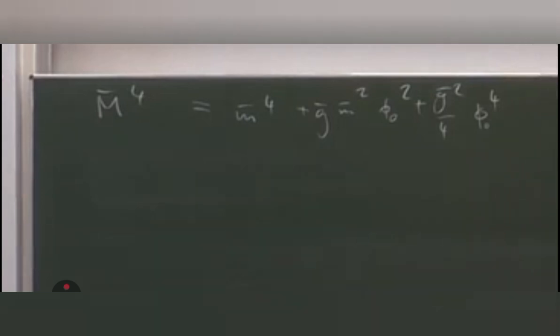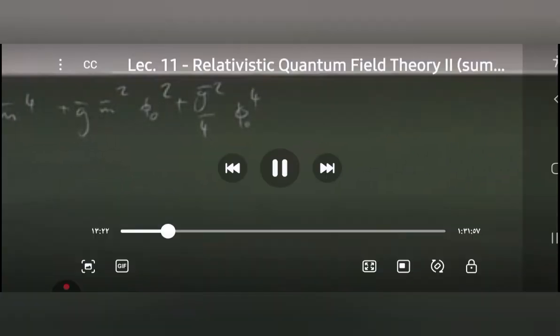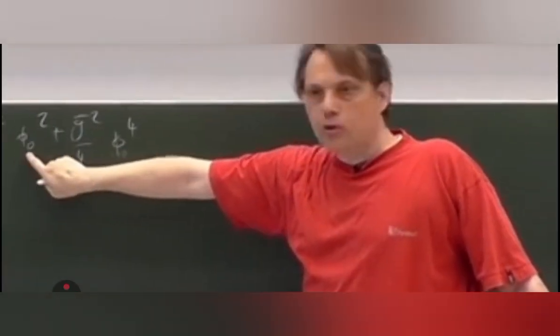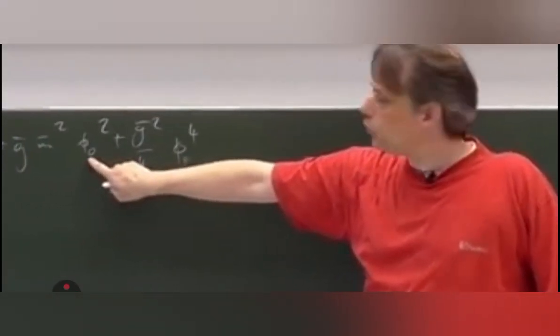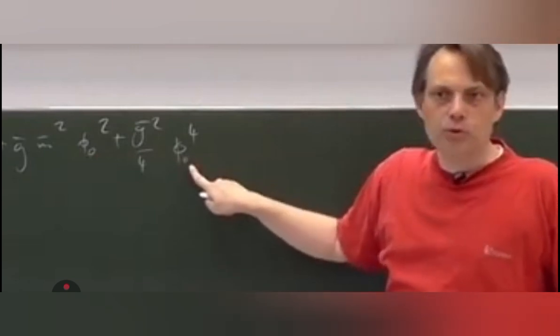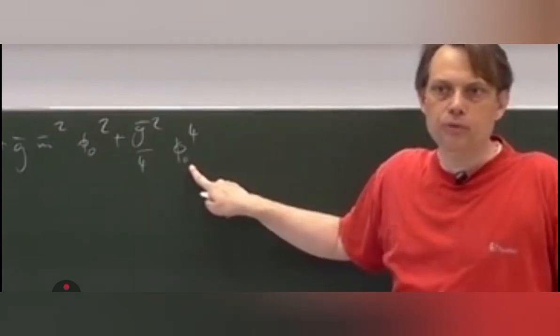And then we can look at the structure of the divergences. The structure of divergences contains here from the m bar to the 4 divided by epsilon, it contains a term which is divergent proportional to the field square, and it contains a divergent term proportional to field to the 4th power. And so we want the divergences to cancel individually.